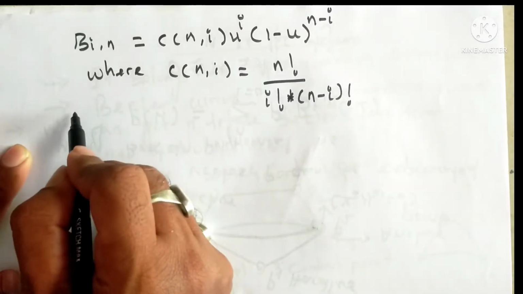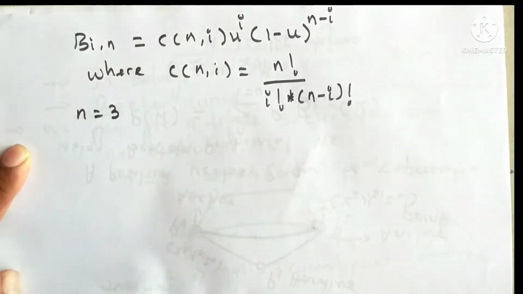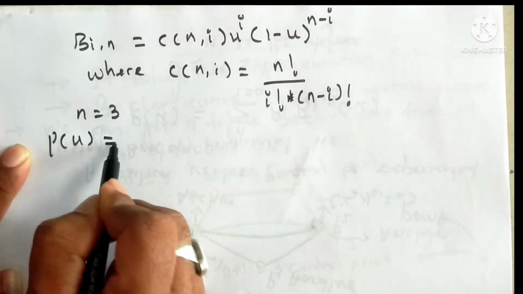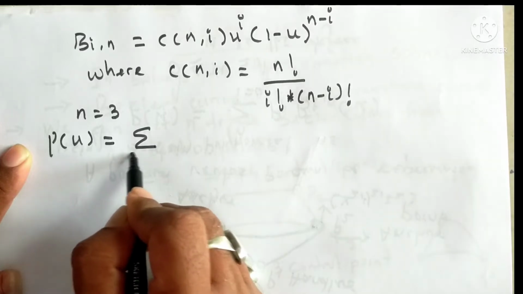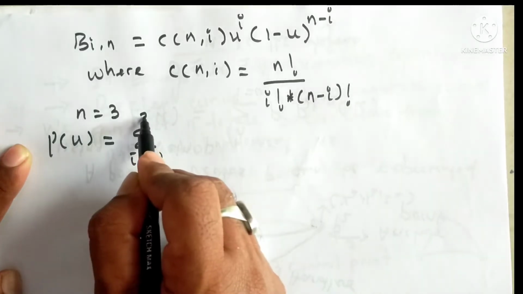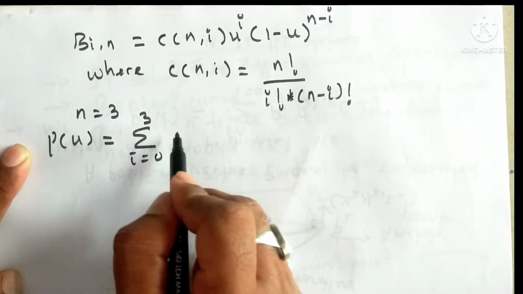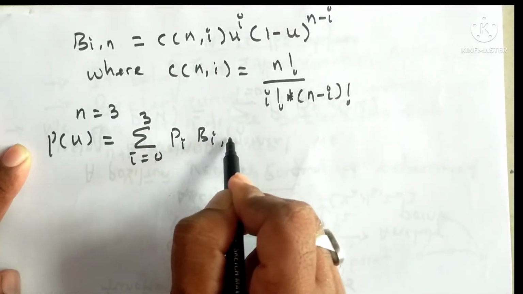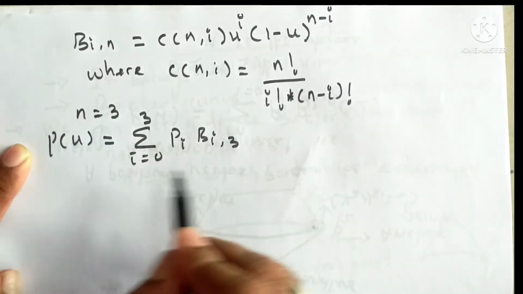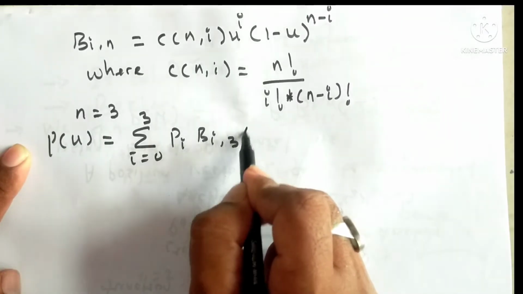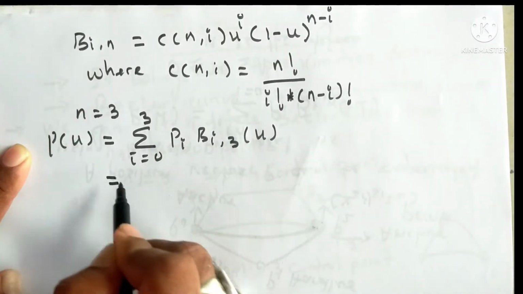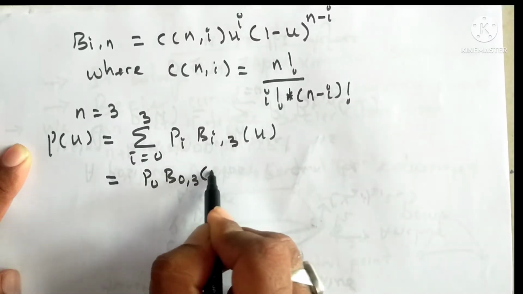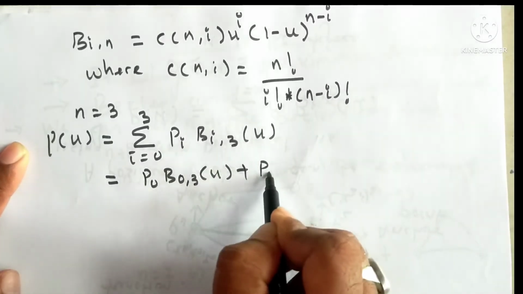Now if you take n as 3, then P of u can be written as the summation over i from 0 to 3 of Pi B i,3 of u, because n is 3 here. If you expand it, you will find P0 B0,3 of u plus P1 B1,3 of u plus P2 B2,3 of u plus P3 B3,3 of u.